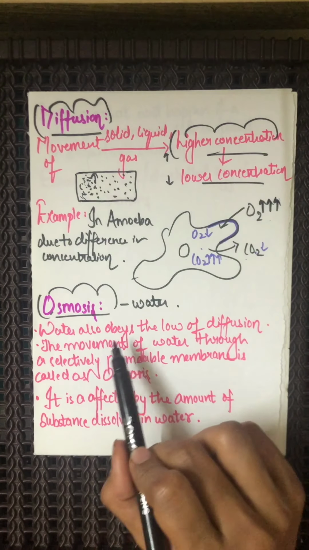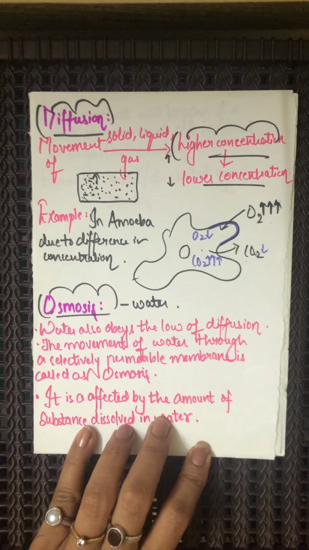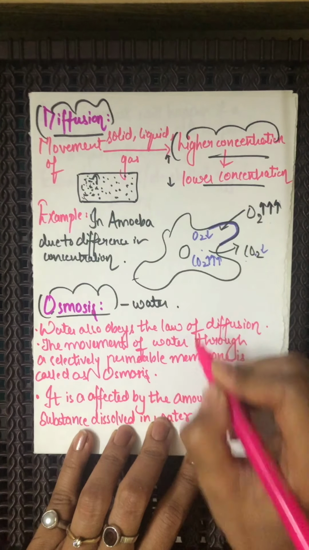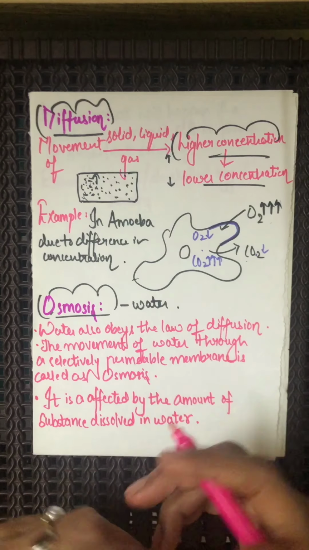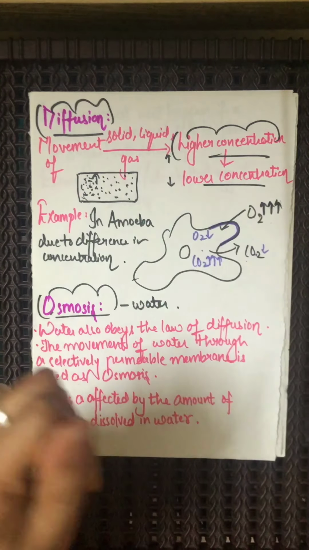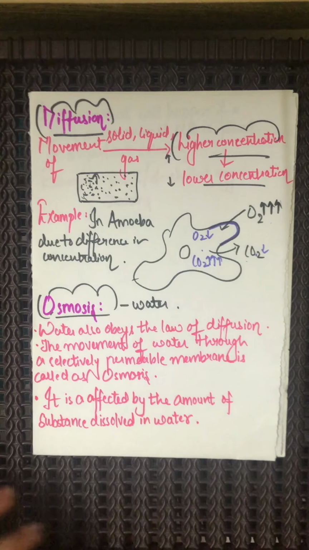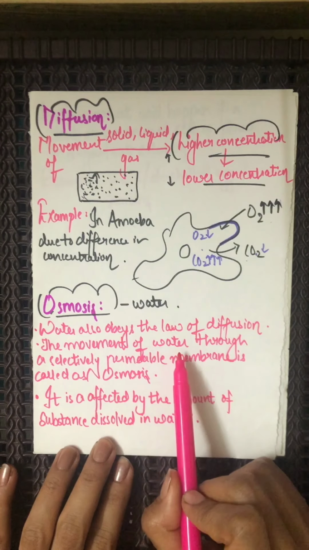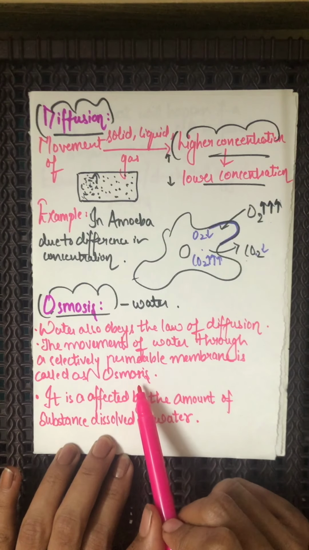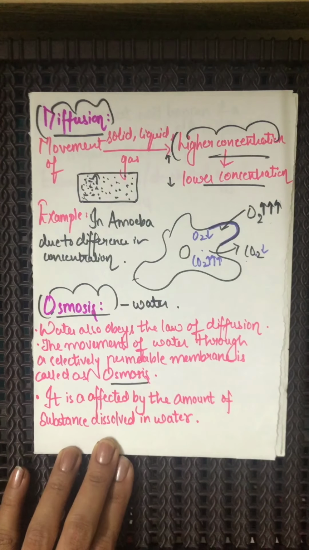That is, water also obeys the law of diffusion. Where the water is more in amount, it will flow from the region of higher concentration to the region of lower concentration. So the movement of water through any selectively permeable membrane is termed osmosis.